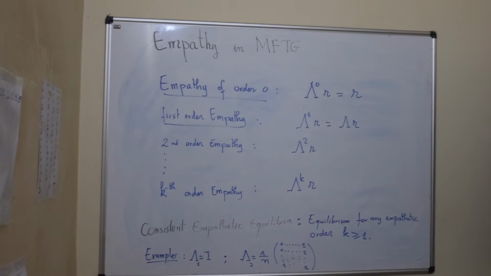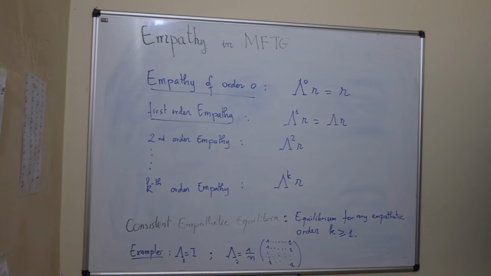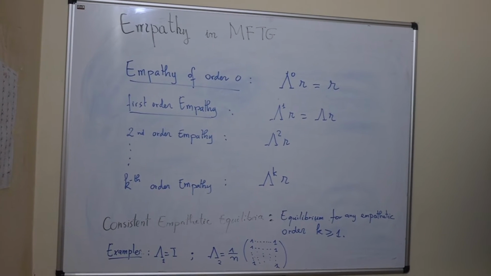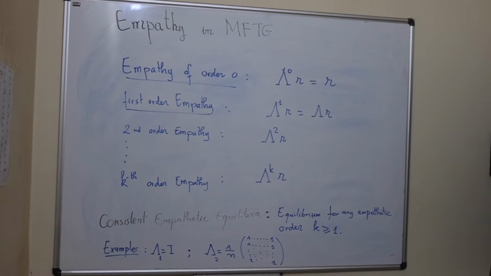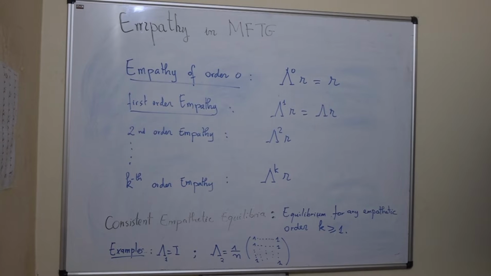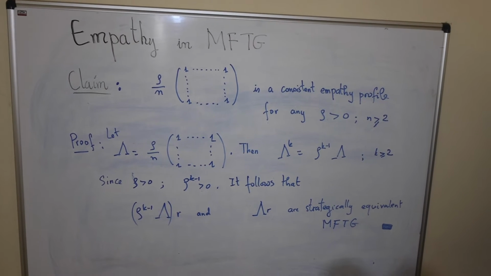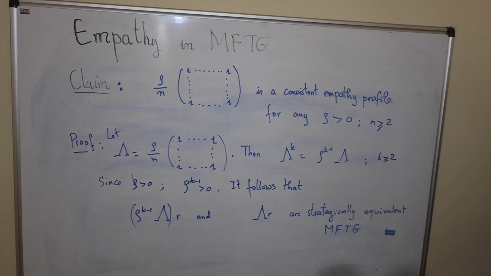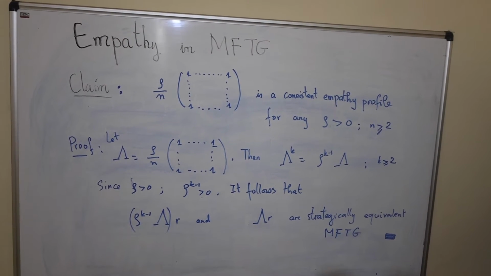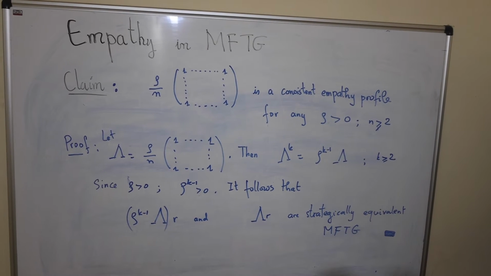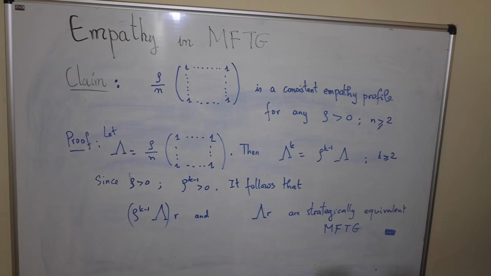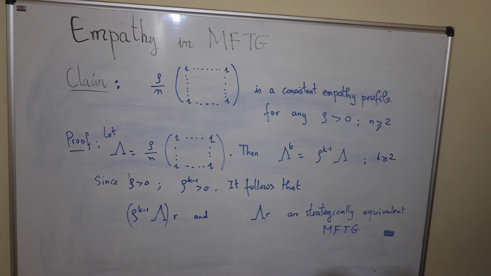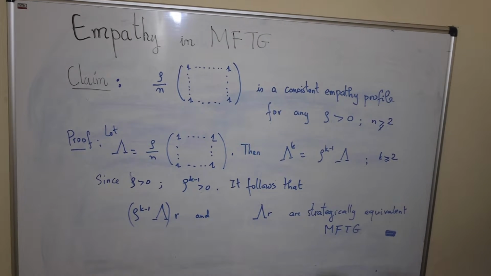Given a payoff function of meaningful type, the payoff function of agent i will be denoted by Ri, and Ri is a function of the action profile of all the agents, but also the distribution of the action profile of all the agents. Ri maps to a real number so that you can do comparison. That's classical in game theory.